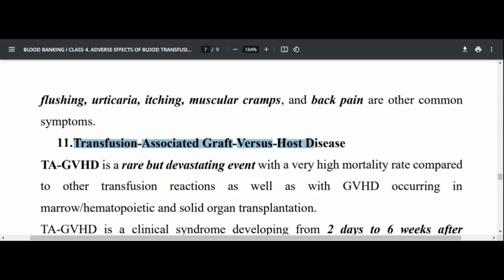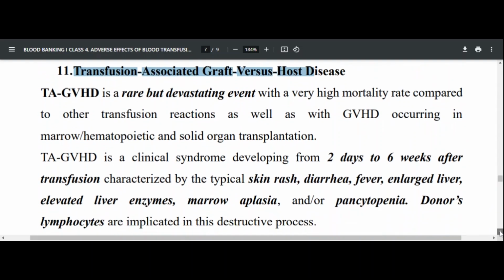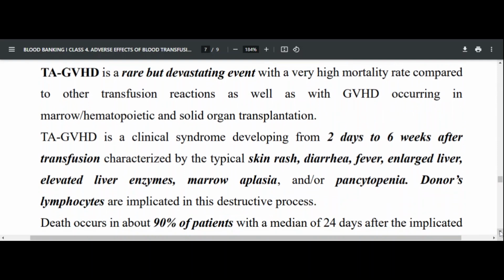TA-GVHD, right? So then you know this one, it is just a devastating event that can cause a high level of mortality. And of course, this is because of T lymphocytes, just T lymphocytes overcoming the recipient's immune system, and of course proliferating to destroy the recipient's tissues.